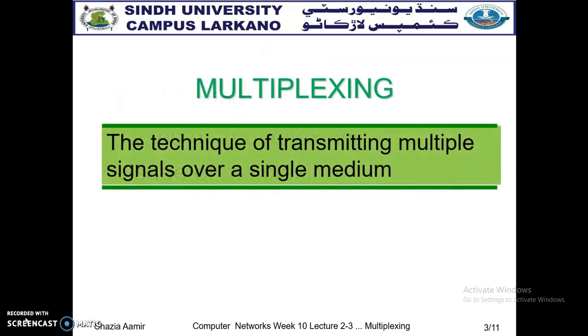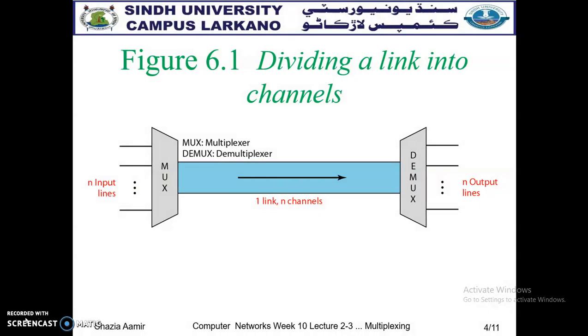What is multiplexing? Multiplexing is a technique of transmitting multiple signals over a single medium. It means you can combine a number of signals through one single medium. Here we have an example. They divide a link into a number of channels.